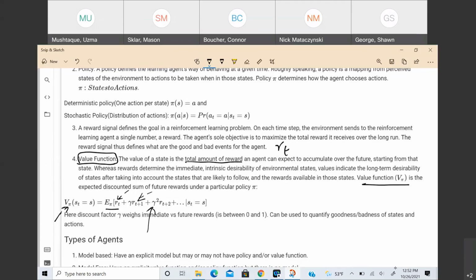There are two things that should come to your mind. Is this a finite set of steps, or is it infinite, into the future? Up to what point are we looking? There are two types of problems. One is known as a finite horizon problem, where we are looking at some finite t steps.